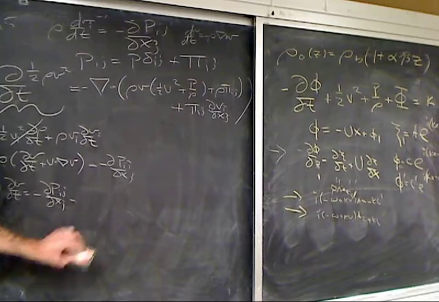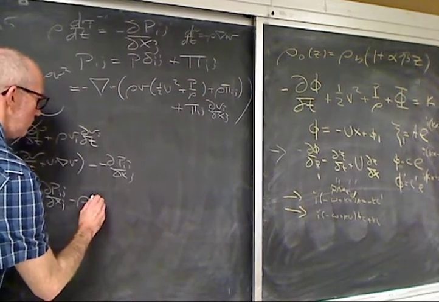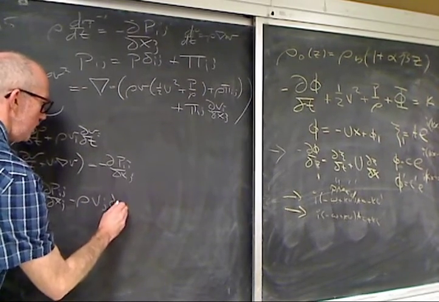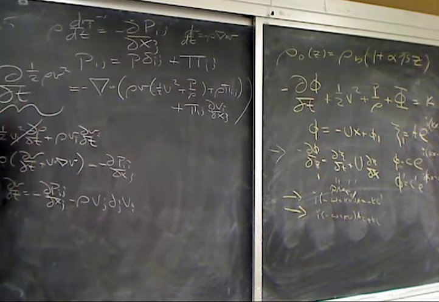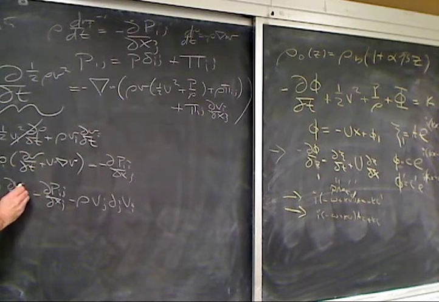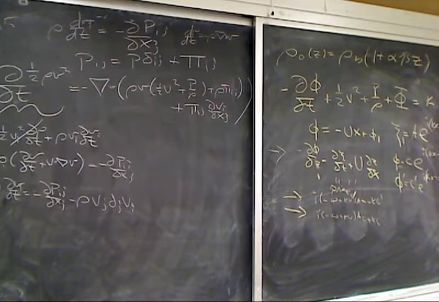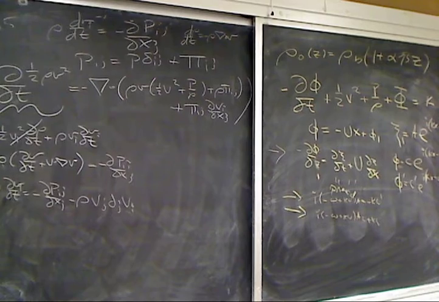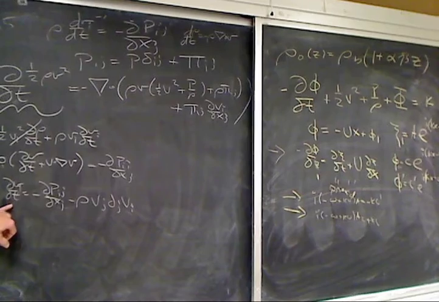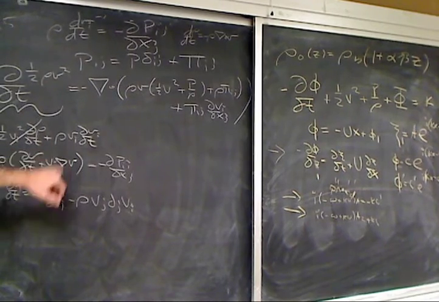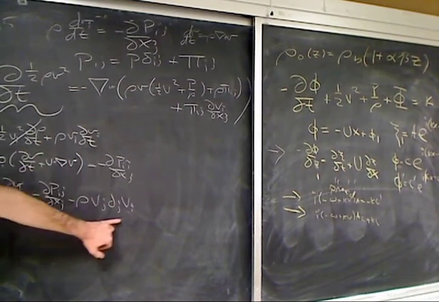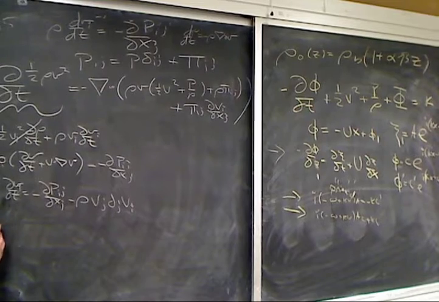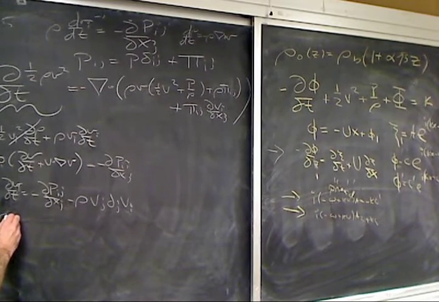Let's be explicit with these indices. Rho vj dj vi. Now pay attention to the indices. I may screw it up. If I do, holler. Okay, so this looks like this. That's what we're looking for. So we'll just dot velocity into this equation, and we're left with rho vi.